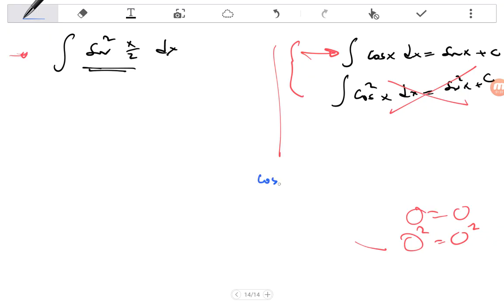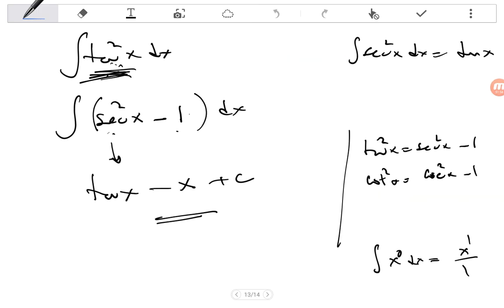Cosine squared x is equal to half of 1 plus cosine of the double angle. And sine squared x is half of 1 minus cosine of the double angle.